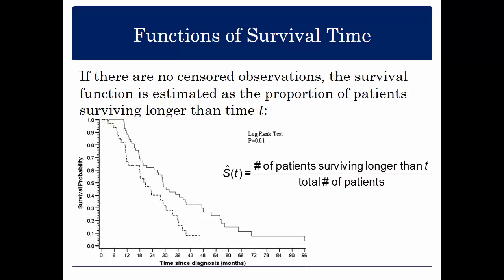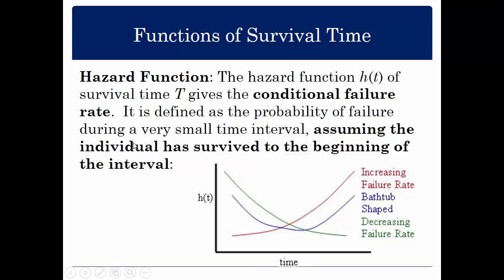The survival function describes the probability of surviving up to time point t. The hazard function narrows it down to a specific small unit of time and says, what's the probability of having the event in this small unit of time, given I've survived up until then?